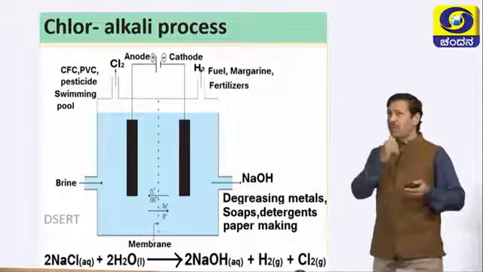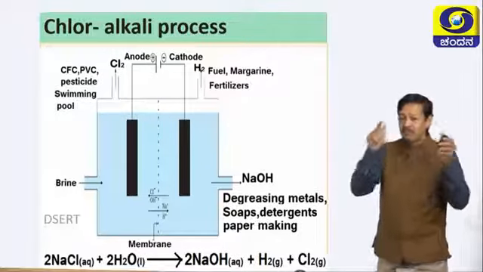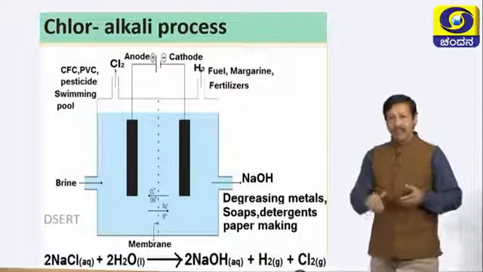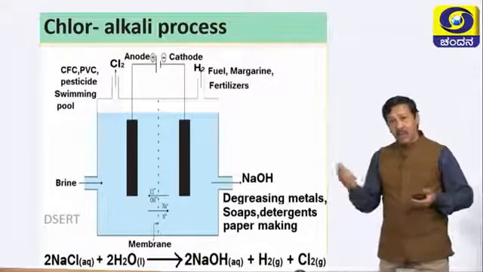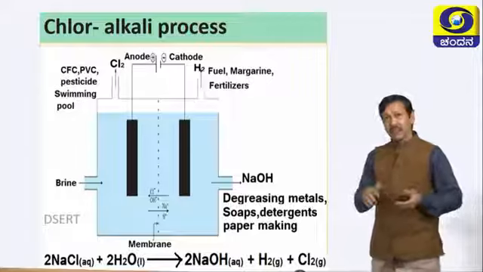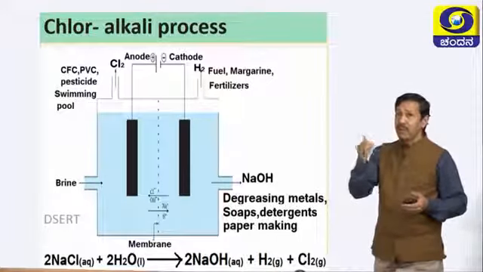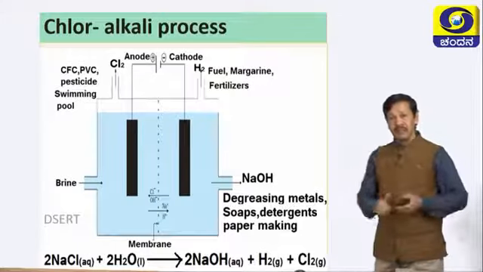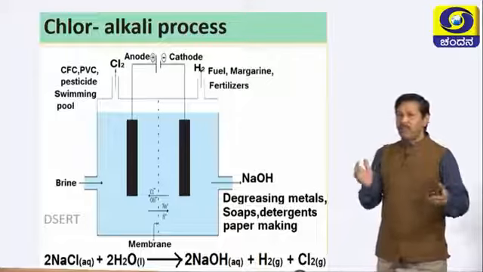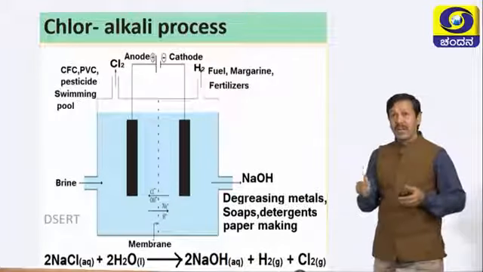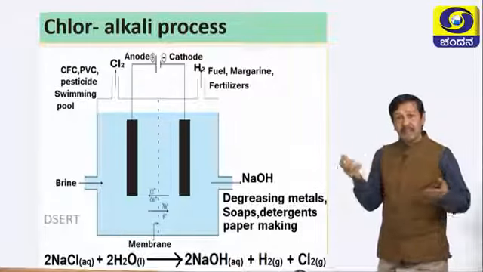Now, let us see what products are produced by this process. First one is chlorine. Chlorine is used in CFCs, polyvinyl chloride PVC, pesticides like DDT, and also used in swimming pools to kill the germs. Next one, hydrogen. It is a very good fuel, also used in artificial ghee, that is margarine.